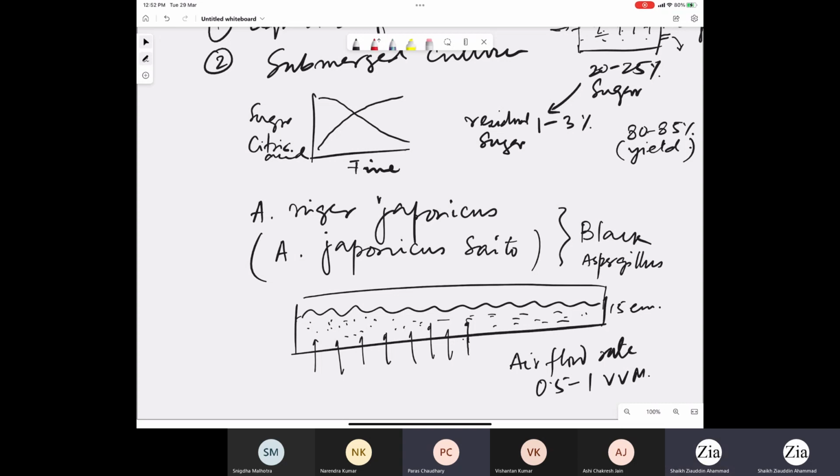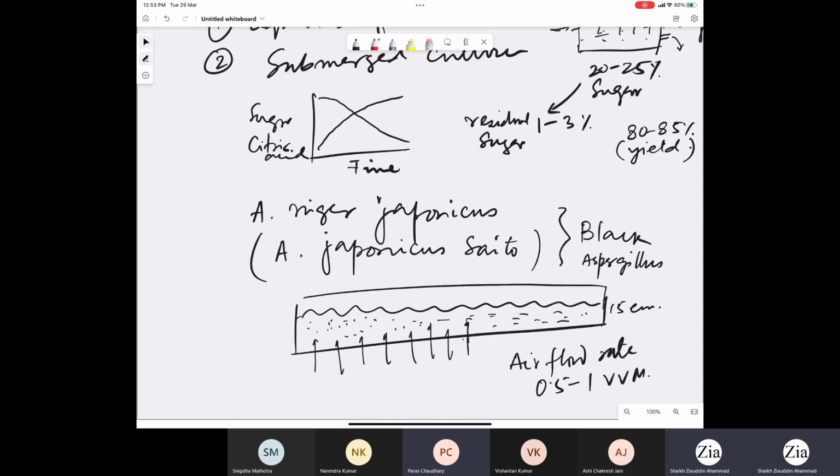After filtering, you can have further filtration using a carbon filter, because activated carbon is a non-specific adsorbent and will remove other impurities. Then you filter again, and after filtration you send it to the evaporator crystallizer. After evaporation and crystallization, you centrifuge to remove the little excess moisture present in the system. Then you send it to the dryer, and then you go for storage.